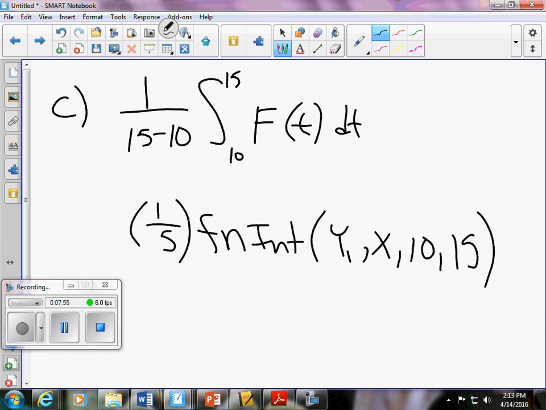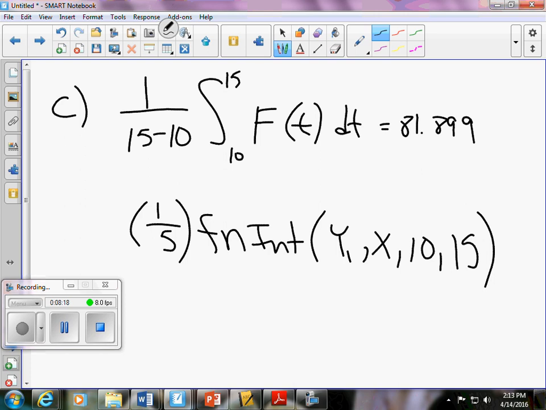Okay, good. Now, when you find the average value of a function, it's going to have the same units as the function itself. So the function itself, f of t, has what for units?